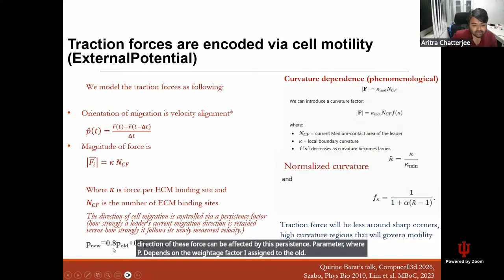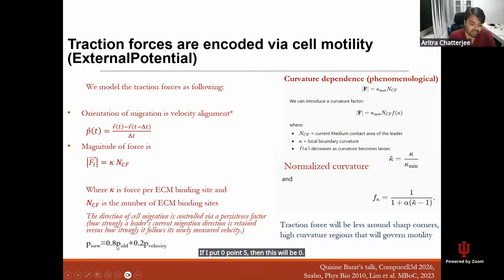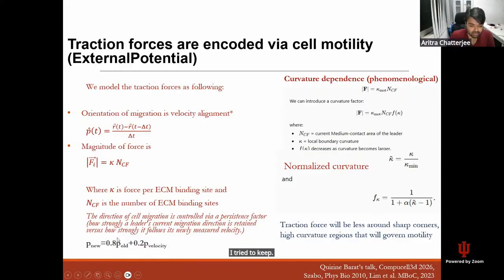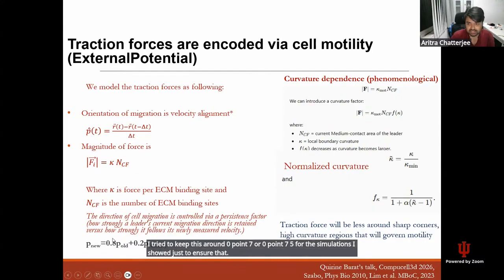So if P equals 0.8, then this is basically the persistence parameter. If I put 0.5, then this will be 0.5 of the old initial direction and the other of the new direction of the velocity. So I tried to keep this around 0.7 or 0.75 for the simulations I showed, just to ensure that the cell migration had some persistence.